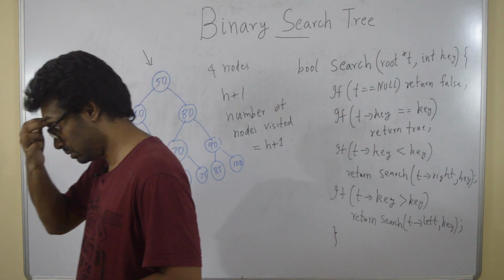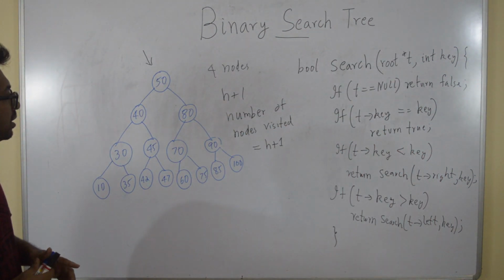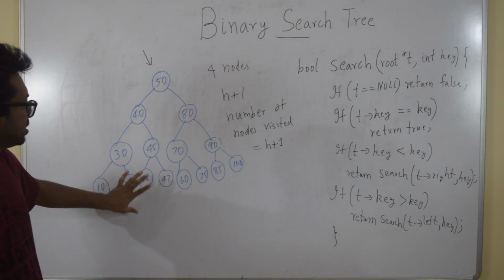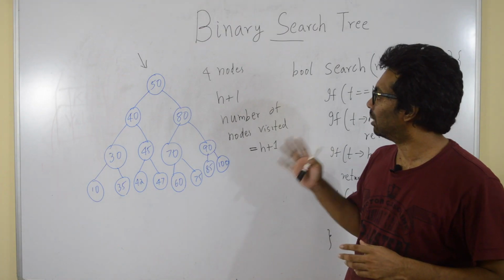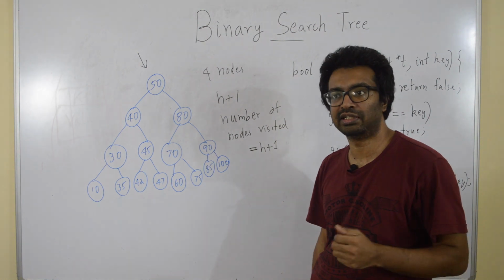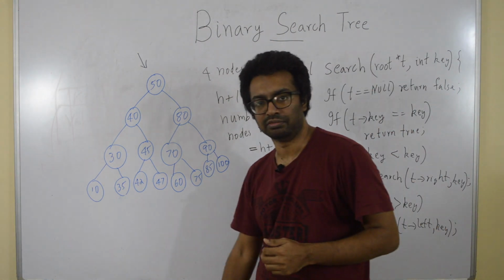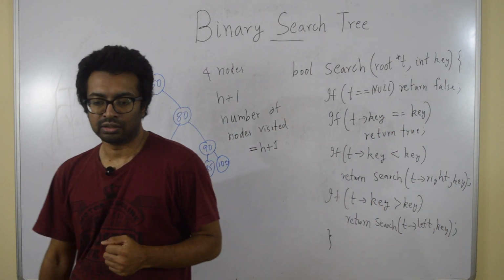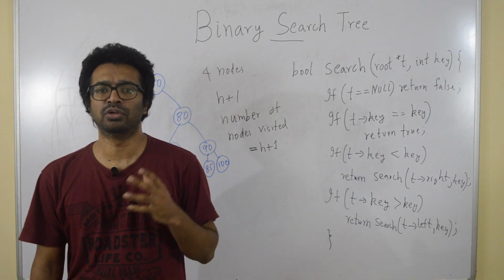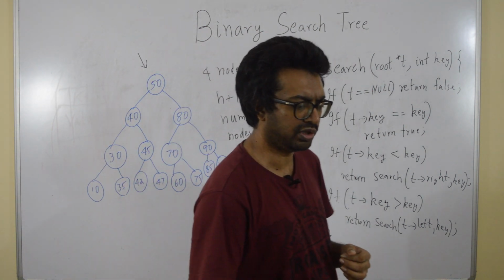Now, is that clear? At least this is true when I search for this number 47. The number of nodes visited is equal to height plus 1, right? Is this good? That's what we are going to address first.